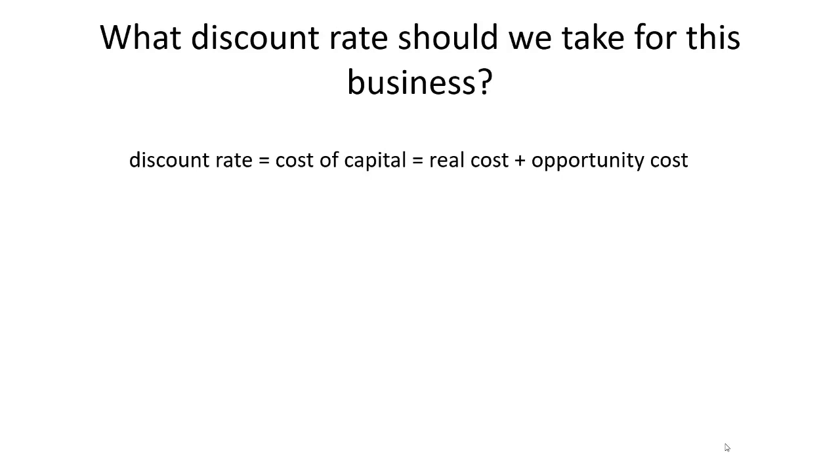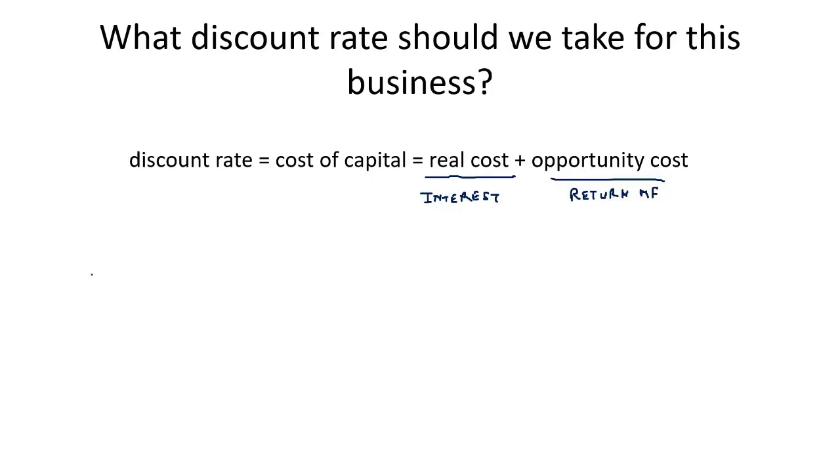If you remember, the real cost in our case would be the interest cost. The interest is basically what you are paying to the bank, and this is the opportunity cost, say a return on a mutual fund that your dad was earning. So your cost of capital, also called discount rate, is a combination of these two.